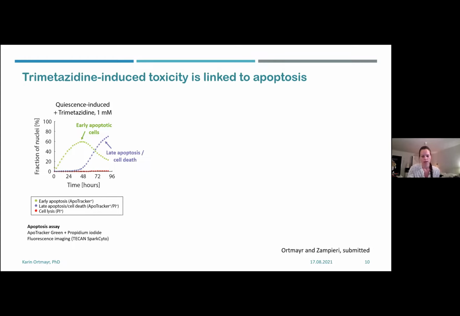We used a dynamic imaging assay here, and we were able to track over time that early on during the treatment and the transition, we could see the emergence and steep increase in the number of early apoptotic cells, followed by a rapid loss of membrane integrity and massive cell death by the time of 96 hours, as seen before.